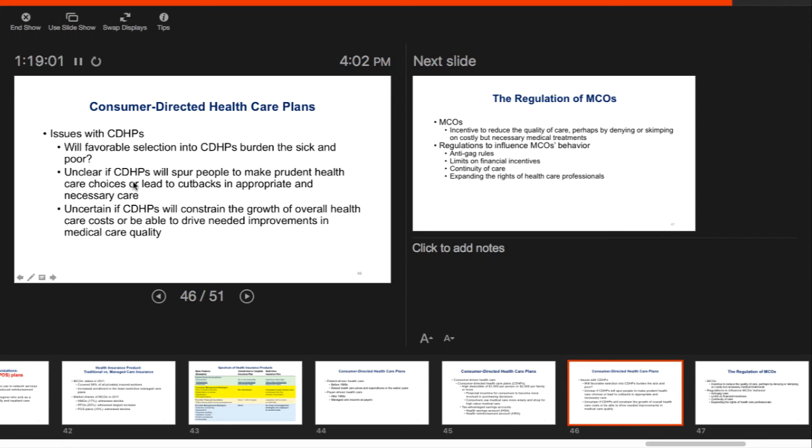It's unclear if these CDHPs will prevent people from seeing their doctor or not. There is an uncertain study about how the selection of consumer-directed health plans affects the patient's incentive to use more or less medical care.